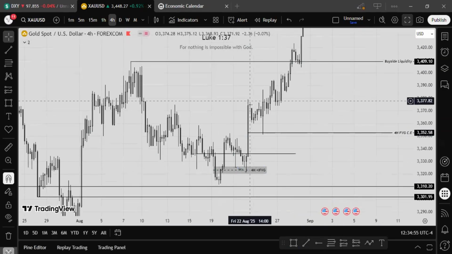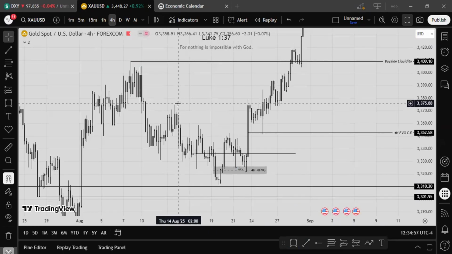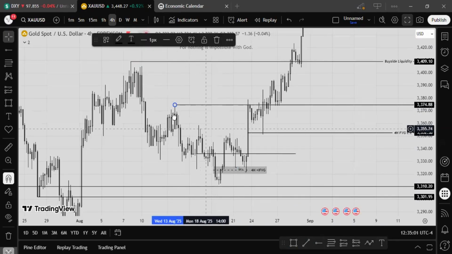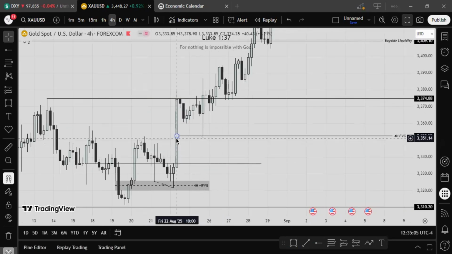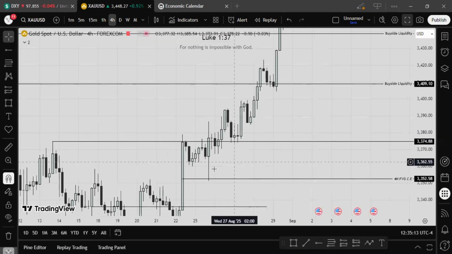Now, right here, we had that move higher, took out these internal highs, all these highs here. So then what happens? We pull back to the consequent encroachment of that leg. If you mark out this leg, that's the CE of that move. We pull back to it and then we continue higher.